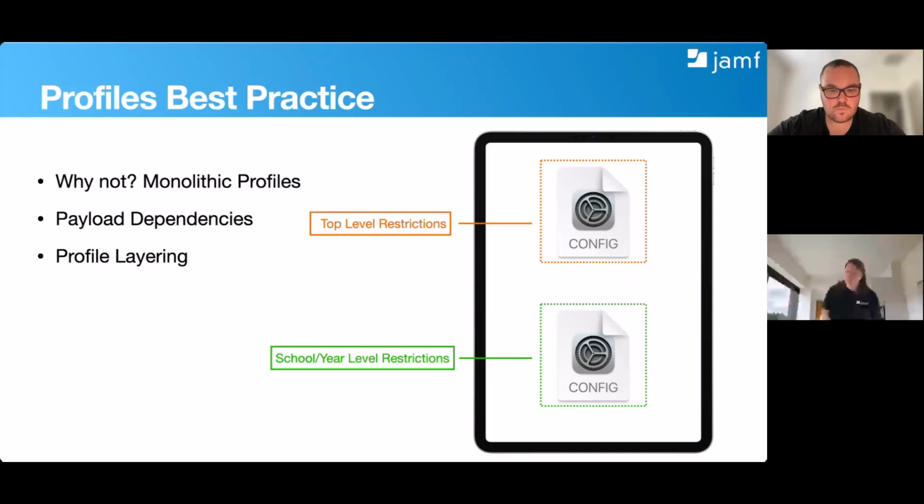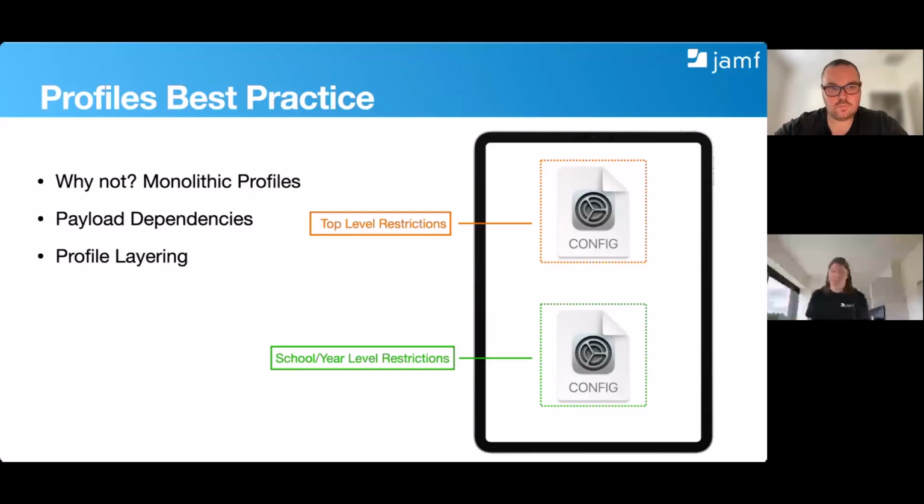As an example, at the top level, you might create a base level of restrictions that should be applied to all schools. These restrictions might cover off the basics around disabling Apple IDs, USB restrictions, blocking iMessage, etc. This profile is scoped to all devices in the Jamf School tenant. As this restriction profile has been created and deployed at the top level, at a school level, you won't be able to edit it.